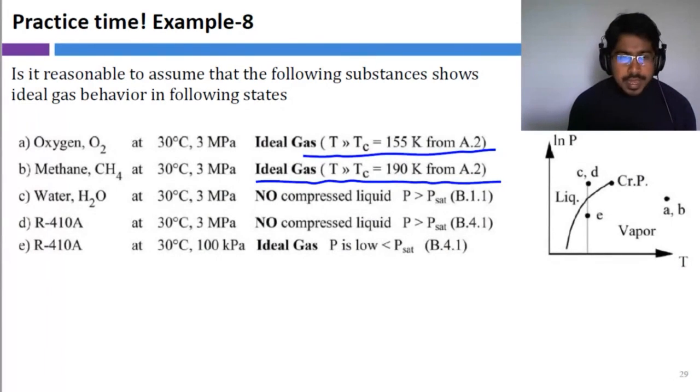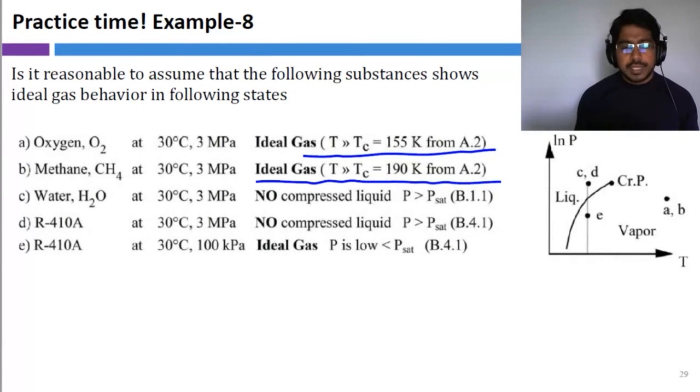Perfect. And for C and D, we have water and R410A, right? To determine the state of water and R410A, we can use the saturated property tables, and by that you can determine the phase. Water and R410A at 30 Celsius and 3 megapascals are compressed liquid.